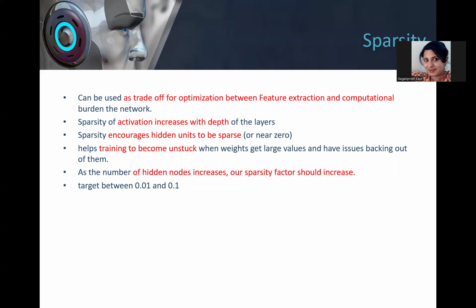So sparsity is one way in which we try to bring them back to lower or smaller values. The value of sparsity is between 0.01 and 0.1. That means the restriction on my output coming after activation is between these values when we apply sparsity.